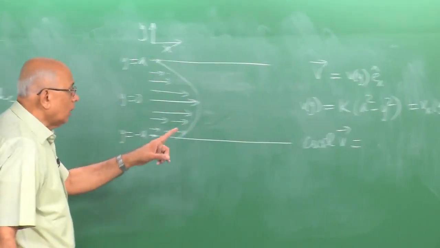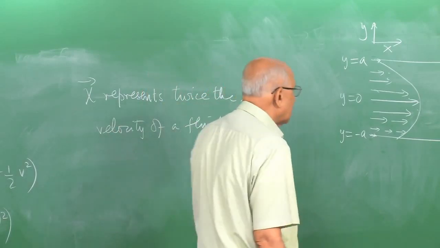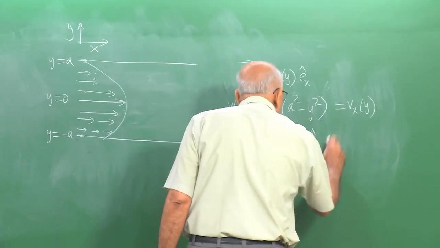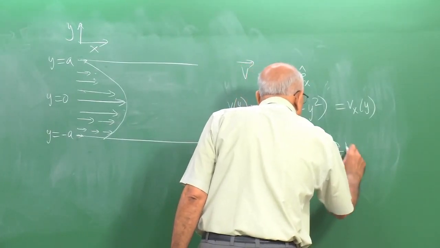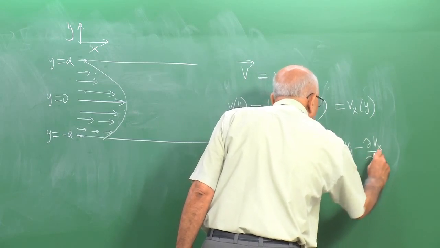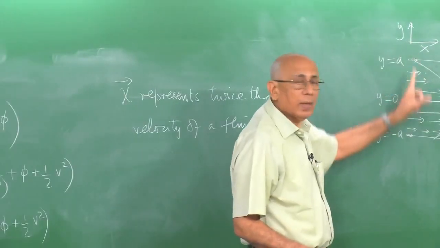Once you have this, the curl of V, the only component of the curl of V that is non-zero, if you recall the formula for the curl that we wrote down earlier, is Ez times delta over delta x Vy minus delta Vx over delta y, and this first component is 0 because the velocity has no component in the transverse y direction.